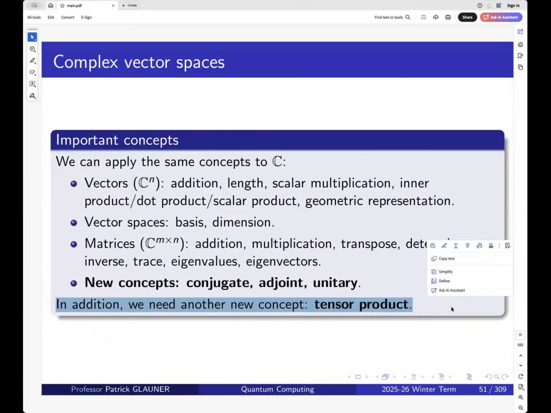If we have multiple quantum systems and we want to assemble them into one large joint or assembled quantum system, for this we will need a concept called the tensor product. And we will now look at concrete examples with complex numbers in here and see that it actually doesn't get that difficult.